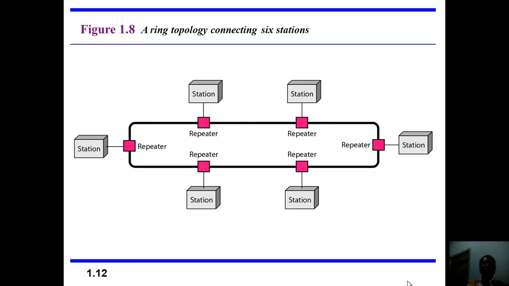Okay, then we have the ring topology. The ring topology is still in use, and it is one of the fastest networks deployed in the world. A typical example is the FDDI, that's the Fiber Distributed Data Interface.